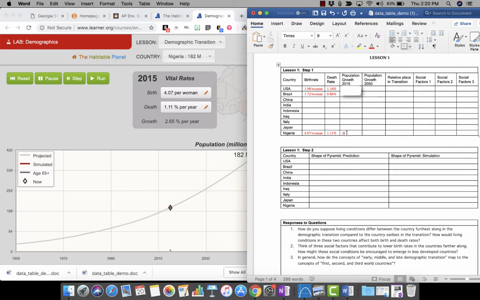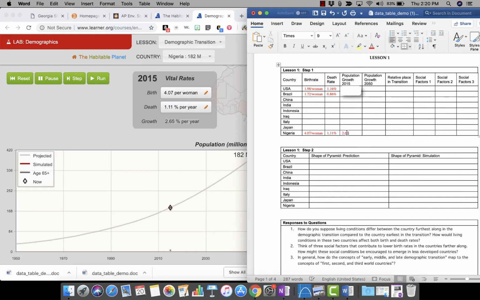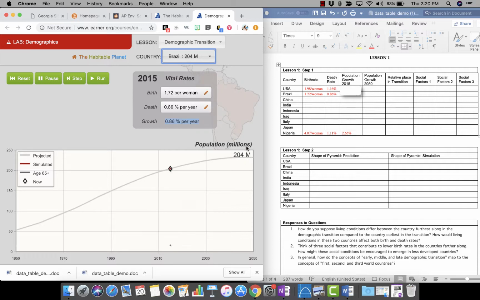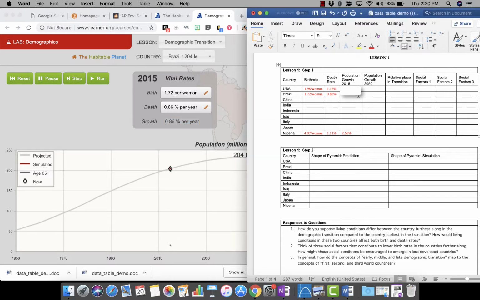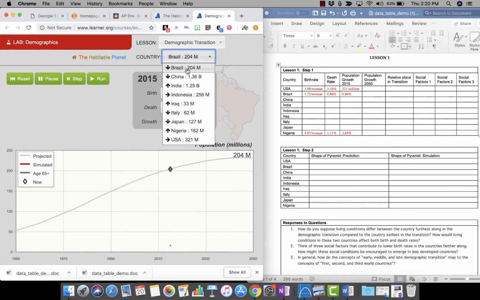Oh, look at this. Right here, this is what I need to be putting down, 2.65%. Okay, so I'm going to go back to Brazil, and then go back to the United States.